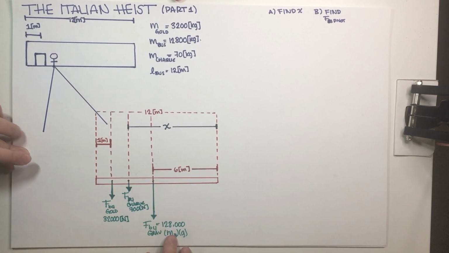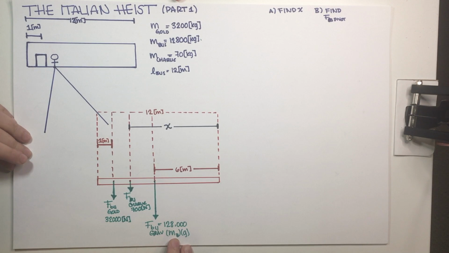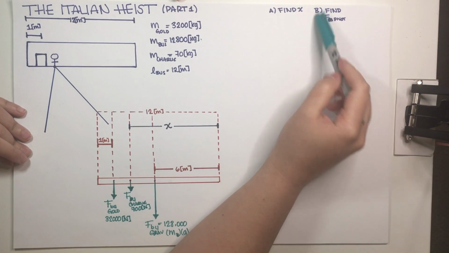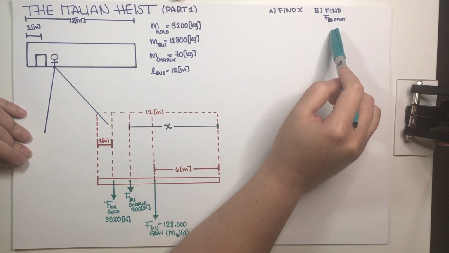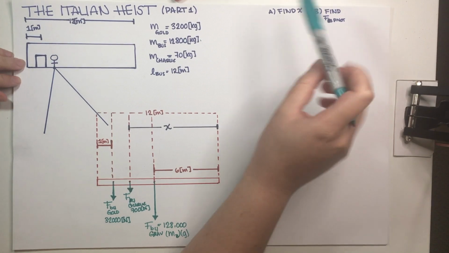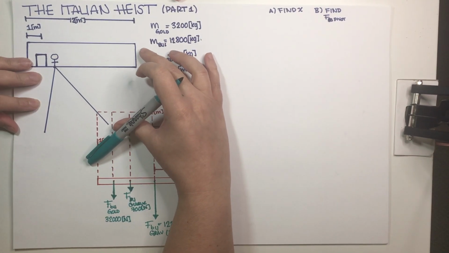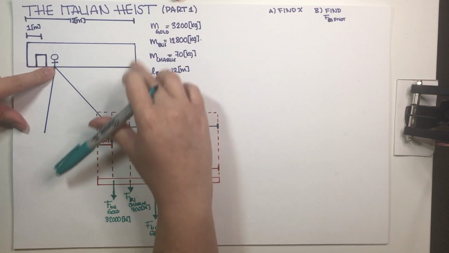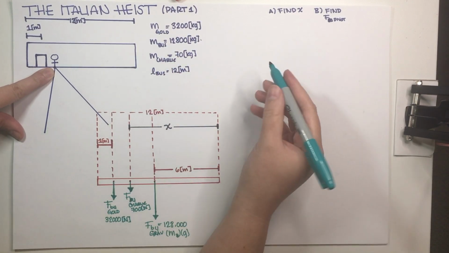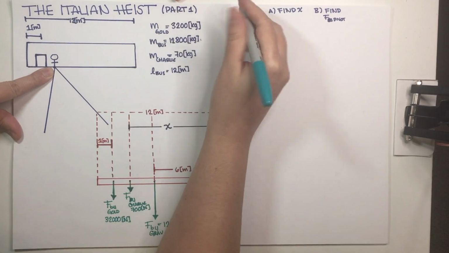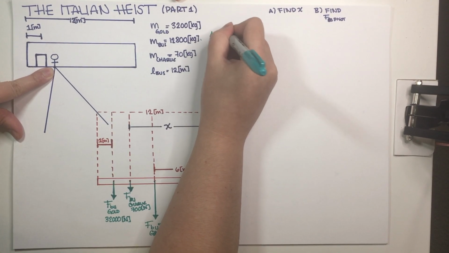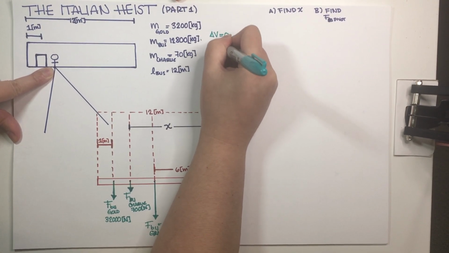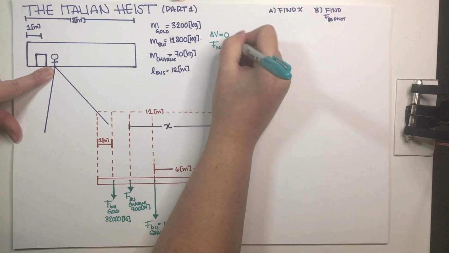Now, how do I know that there has to be another force, besides the fact that I'm supposed to find it at some point? Well, the problem says that this entire structure is stationary, which means that it is not moving in space, and it is also not rotating around the pivot point. The fact that it's not moving in space means that the net force has to be equal to 0.